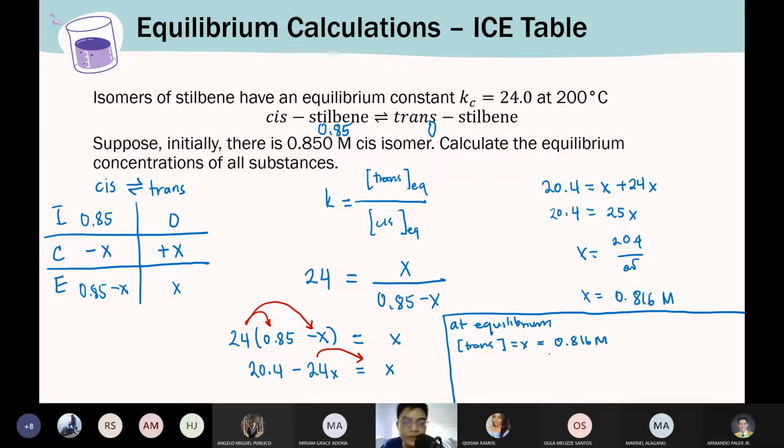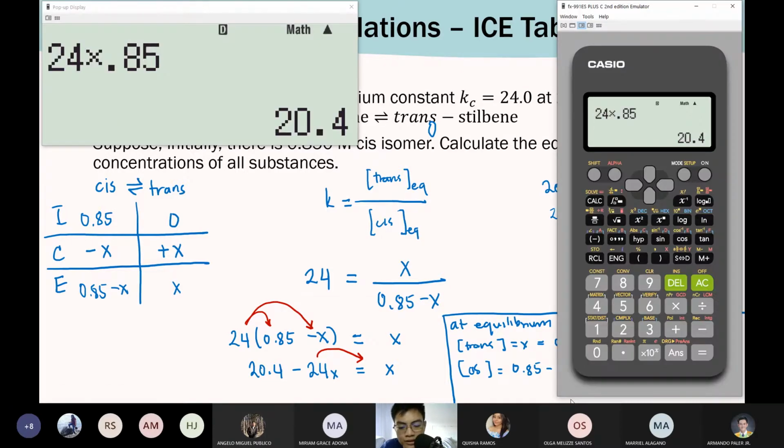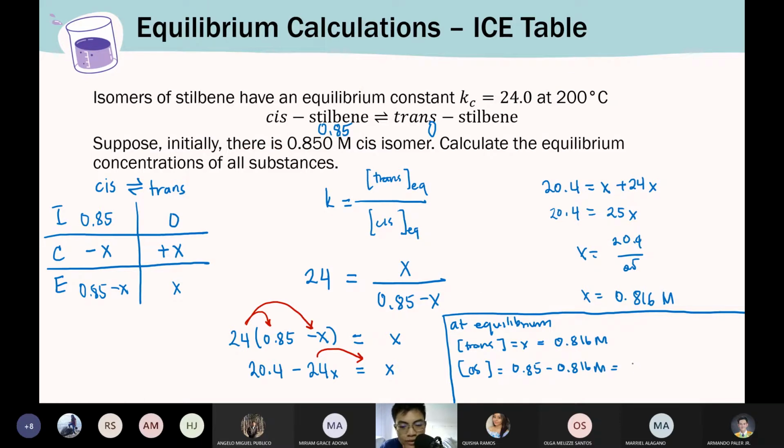That's its concentration after the change. And then cis is 0.85 minus 0.816, which is 0.034. It decreased. So those are their final amounts. This is the trans, this is the cis. Did you follow? It's easy, right?